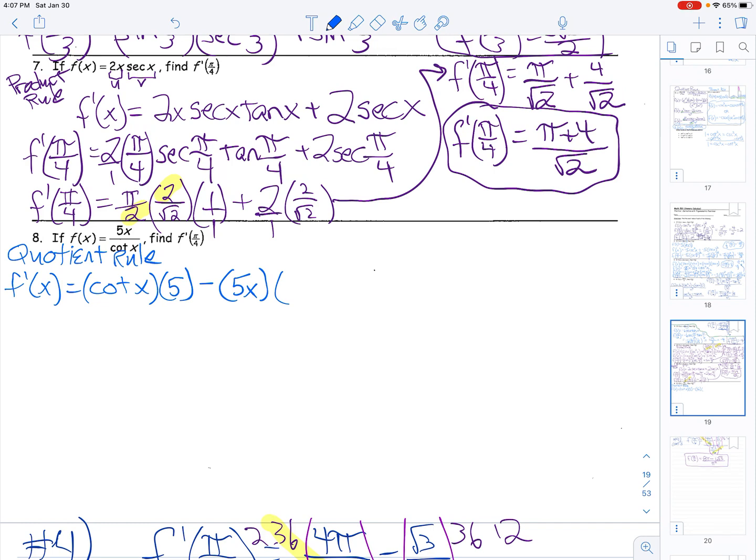Derivative of tan was secant squared of x. Cotangent is the cofunction of tangent, right? So the cofunction of secant squared is cosecant squared, but since it begins with a c, it's a negative cosecant squared of x. Over, don't forget, low times low, people, right? Cotangent squared of x.